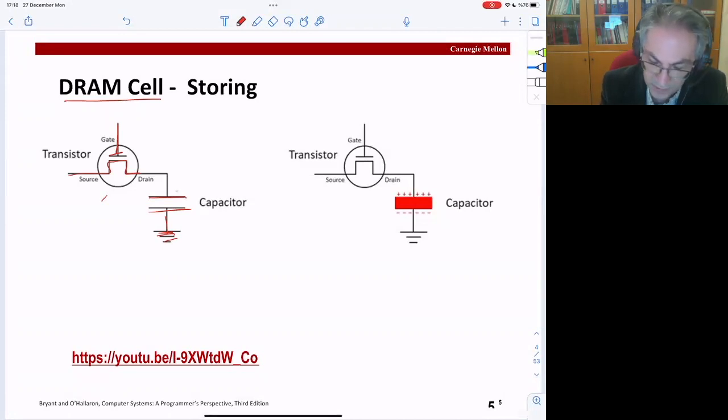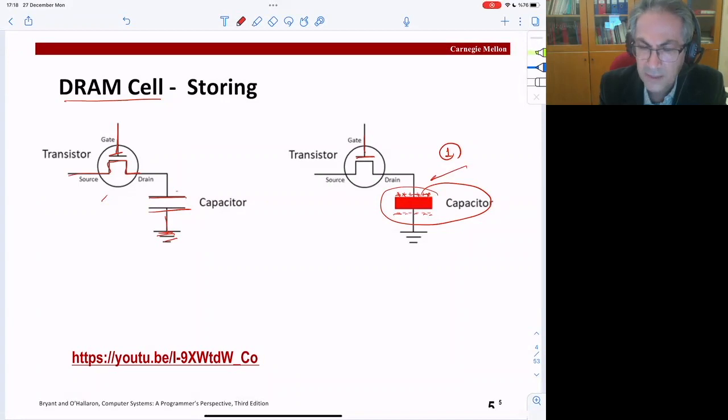For example, if you want to store a one in a DRAM cell, you fill up this capacitor with electrons. If this gate is closed, the charge will remain here. There will be some leakage though, because in time it cannot retain it, since it's just a capacitor.